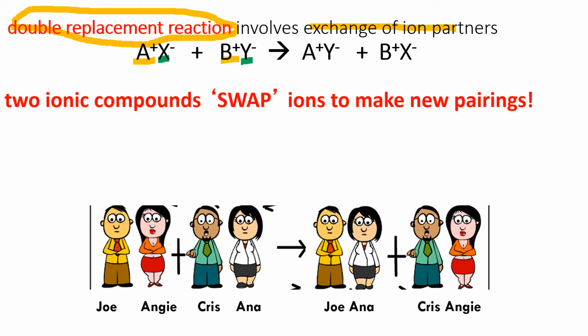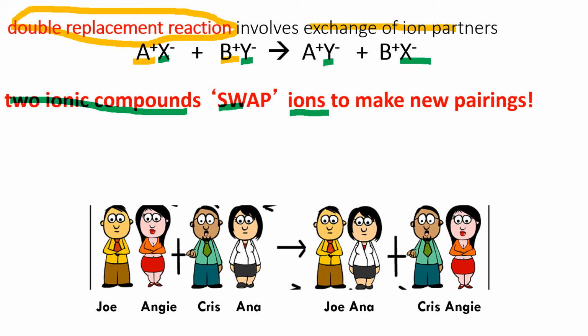So as you notice, in the products, X switches with Y, and so we have the product AY, and B has now partnered with X. So there is an exchange of ion partners. So the two ionic compounds swap ions to make new pairings.